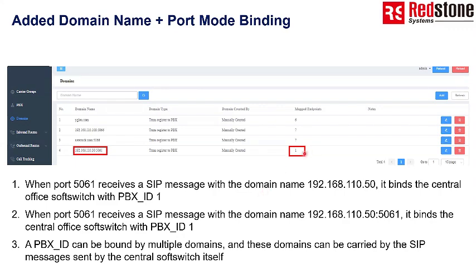Again, these map endpoints can be bound to multiple domains. These domains can be carried by the SIP messages sent by the central soft switch itself. So you can define one PBX ID or map endpoint to several domains.